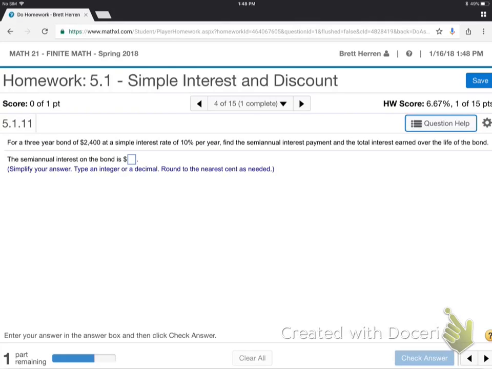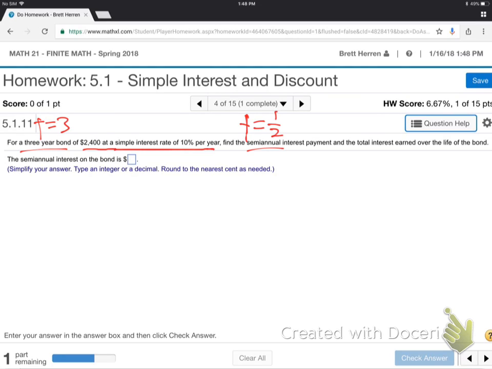Let me show you what they're saying. All right, so what they're basically saying is it's a 3-year bond. Eventually, we're going to do time 3, but right now, it's $2,400 at 10% interest, semi-annual. So that's time is a half a year, right? That's what confused me.